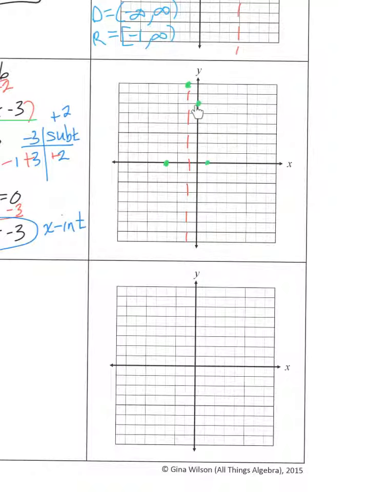And then I can reflect this point across the axis of symmetry. So this is 1 unit away. I'm going to reflect it over here. And so this is my reflected point, and that reflected point is (-2, 6).